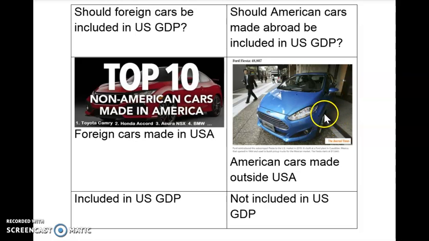This one is a Ford Fiesta. It's made in Mexico. Many other countries produce American cars because those are multinational companies. They produce outside and then sell their cars outside, in Mexico too. So since they are not produced in the United States, they are not included in US GDP.